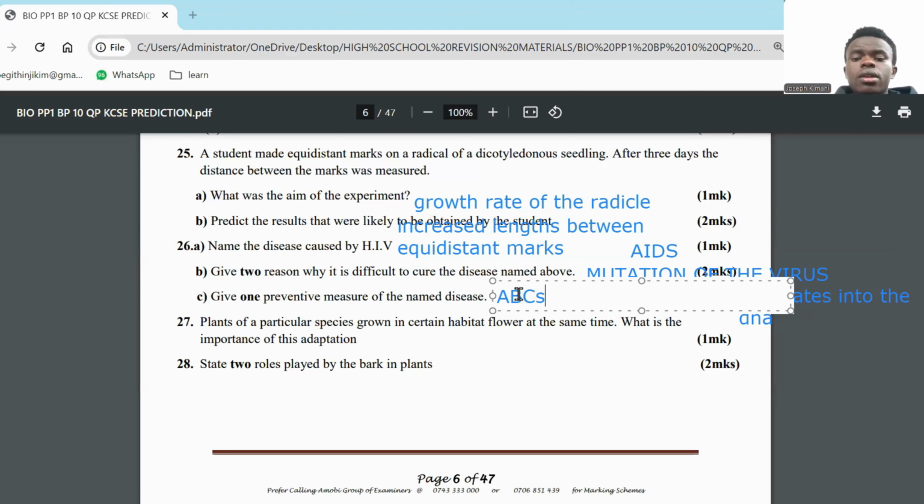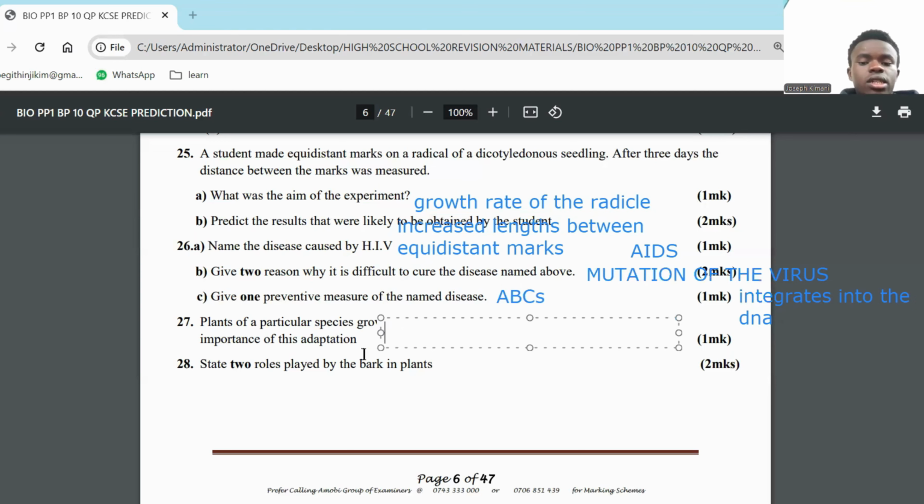A is abstinence. C is use of condoms. And for B, I can't recall exactly, but it just represents various ways to prevent getting this disease. But the best and the most accurate one is abstinence, abstain from sex.